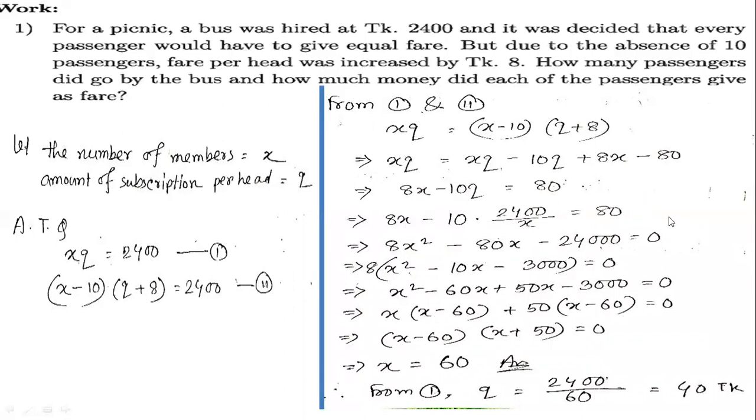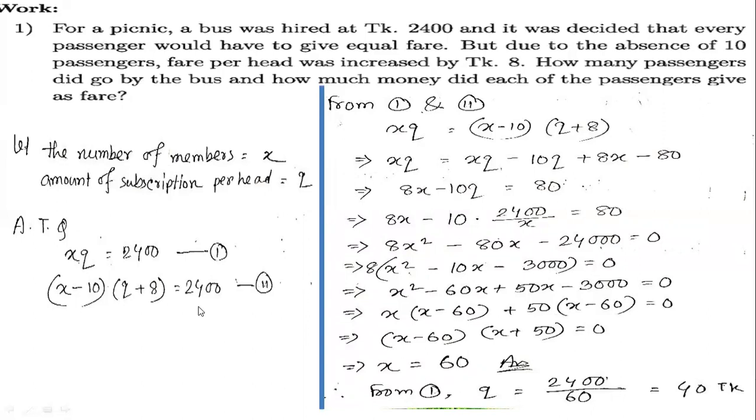You may give a side note like this from 1, it will be better. Then 8x square minus 80x minus 24,000 is equal to 0. Then taking 8 as common, it will be x square minus 10x minus 3000 equals 0. Just middle fact, then you will get your answer, where x equals 60 and x equals minus 50. Since members cannot be negative, that's why it will be 60.